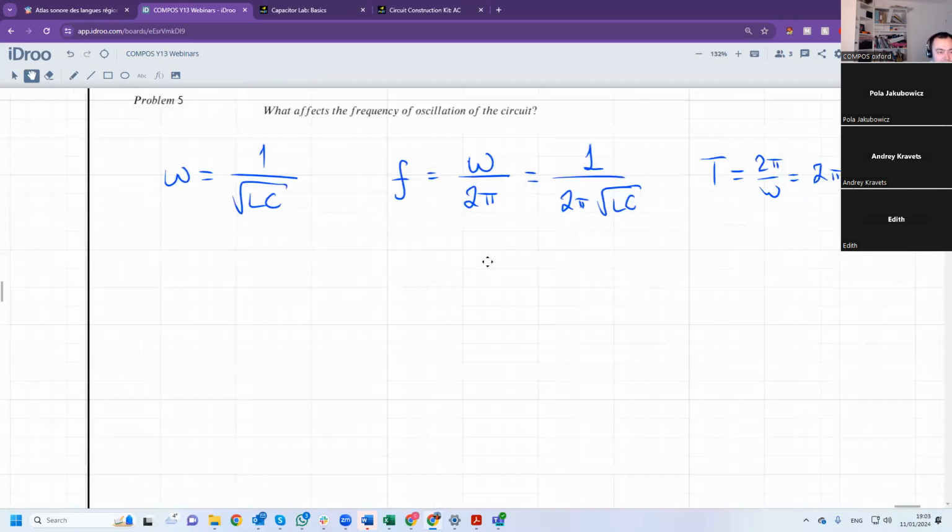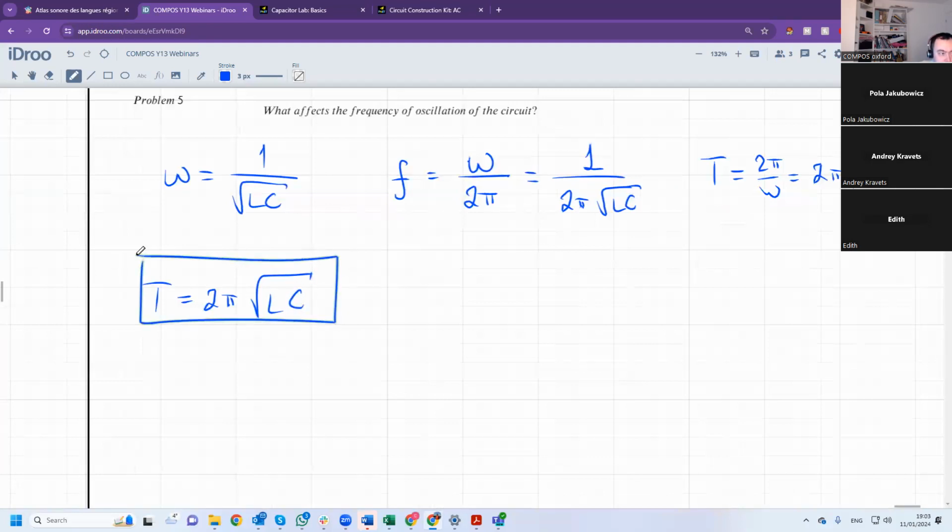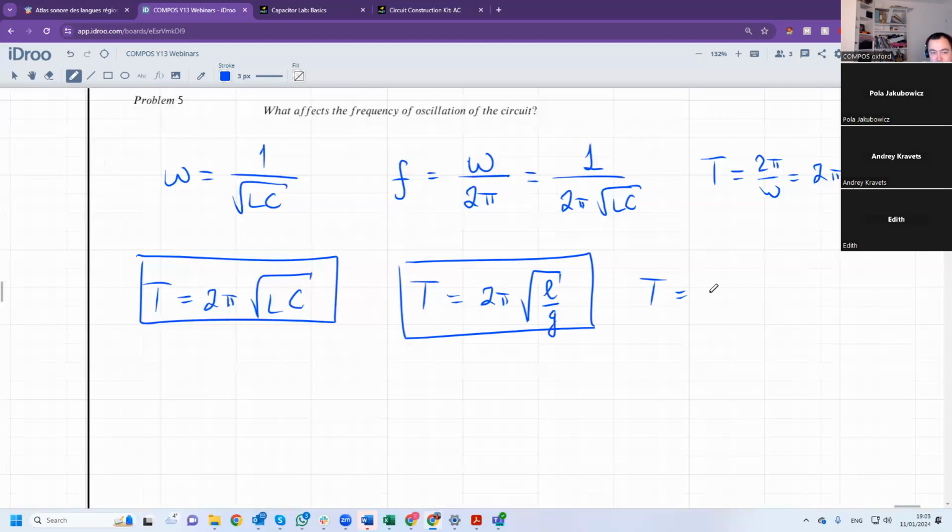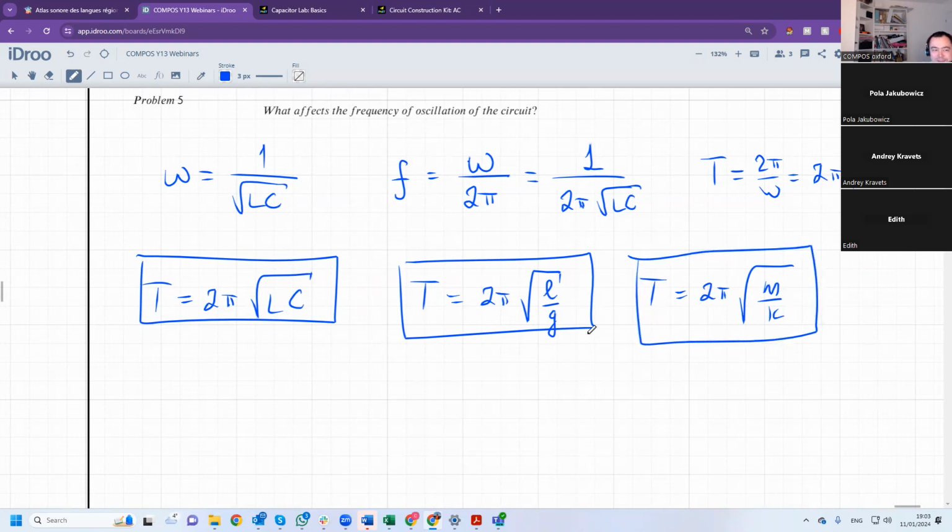They're very useful to remember. I think the time period is the easiest formula. So the time period is 2 pi square root of LC. Compare this to time period equal to 2 pi square root of L over G, and time period equal to 2 pi square root of M over K. Do you recognize these formulas?